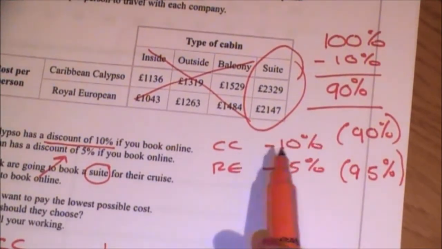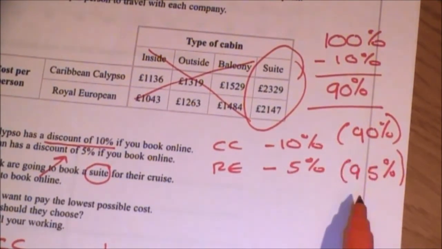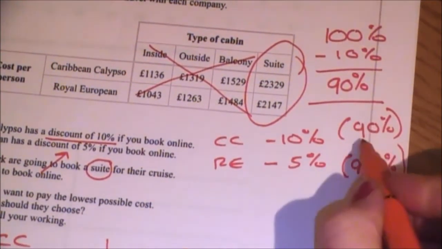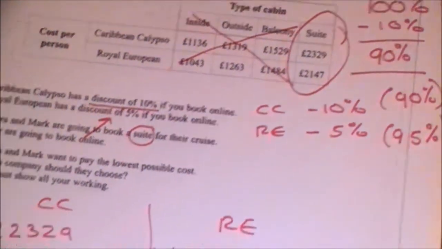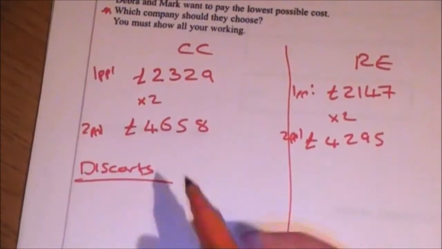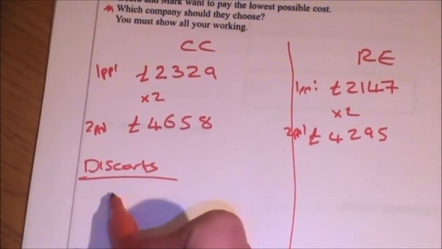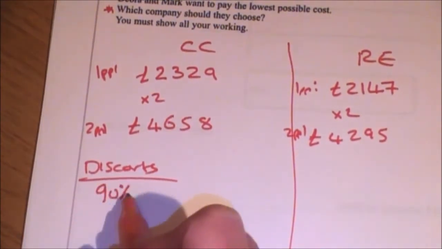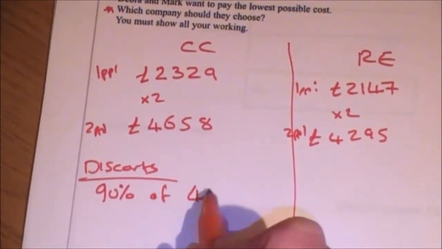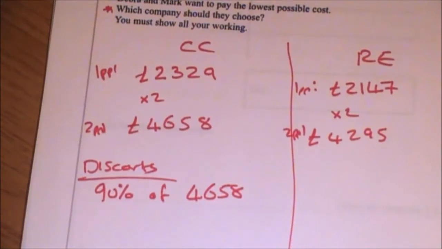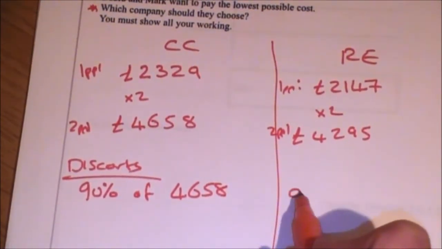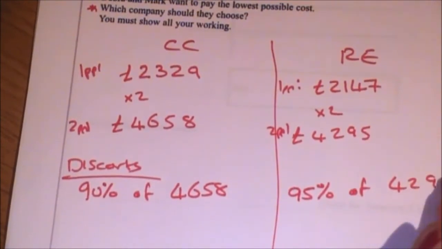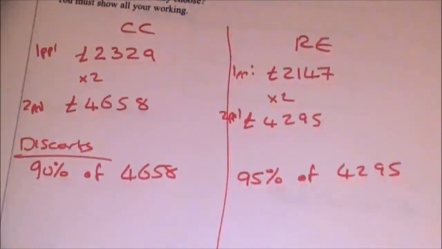So the fact I've worked out I'm only paying for 90% of that price and 95% of that price means I can use the multipliers to work out my values. So discounts. I want to find 90% of 4,658, and here I'm only paying 95% of 4,295.